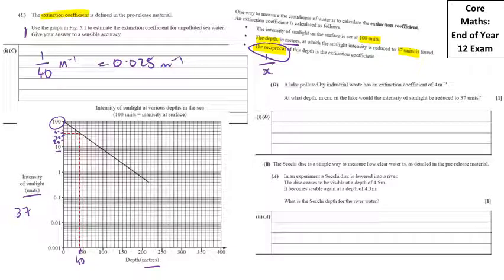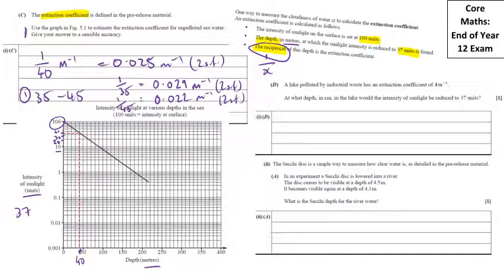Now, the range of values you're allowed for this, where we read it off as 40 meters, that could have been anything between 35 and 45. And you got a mark for showing you read that off the scale. So the mark scheme would allow this as a fraction or a decimal, or this as a fraction or a decimal for the lower end there.